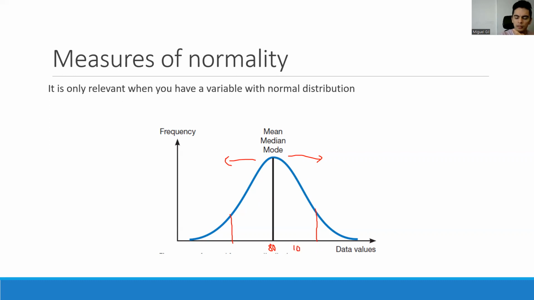Let's assume the standard deviation is 10. So 1 standard deviation is the distance between this and this, and it should be 90. In a normal distribution, you cover 65% of the sample in this area, right?